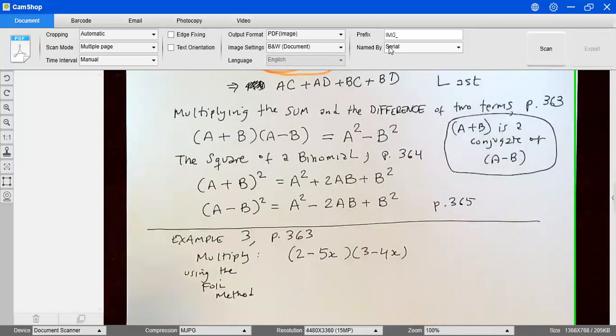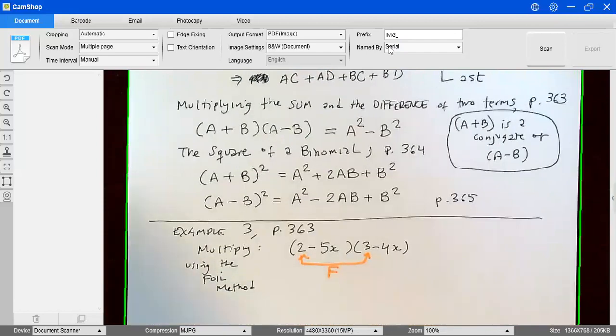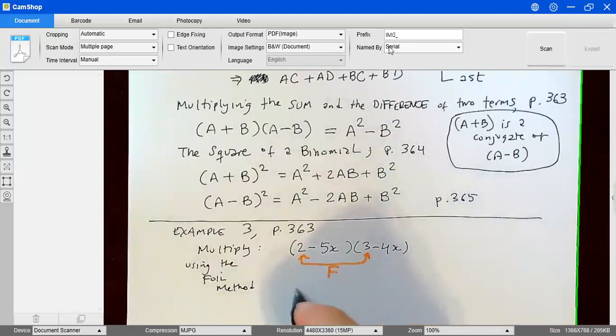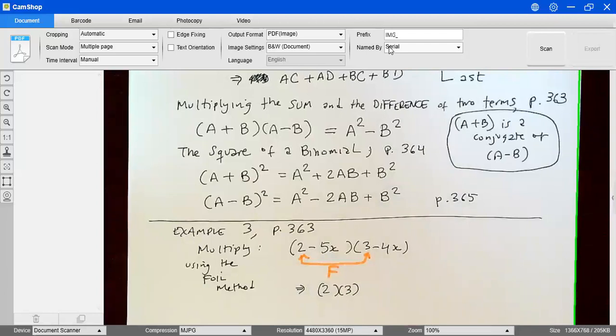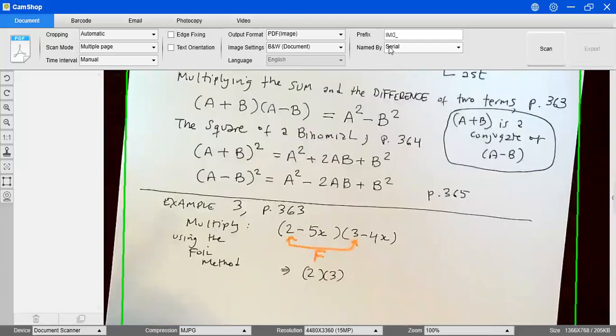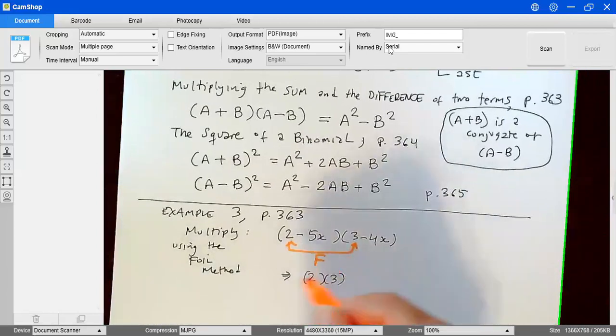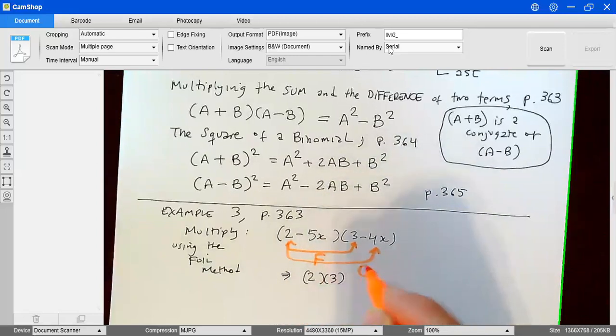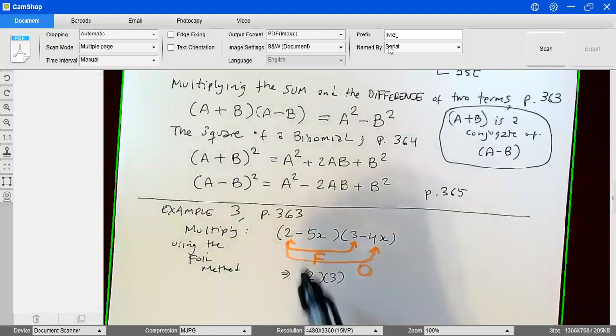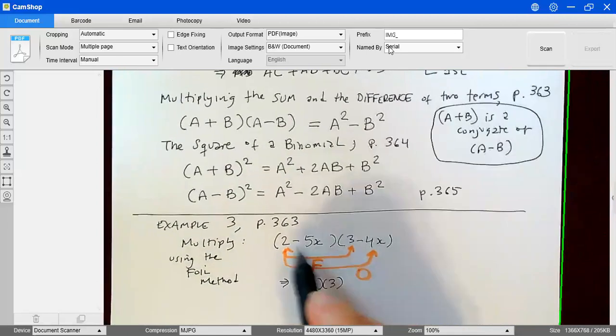So we're going to start with the first terms. These are the first terms, so it's going to be 2 times 3. Then we go with the outside terms. So these are the outside terms: 2 times -4.